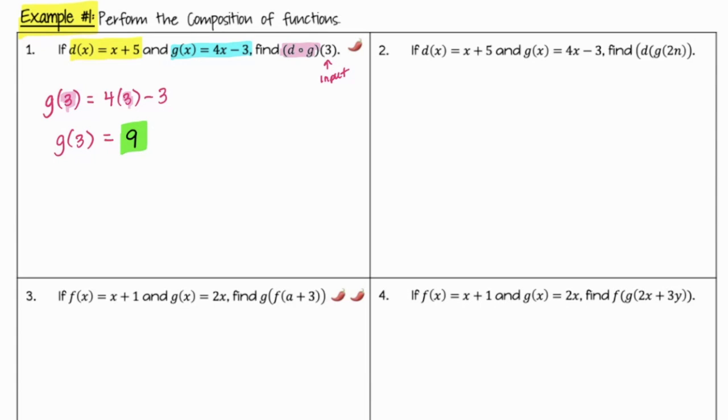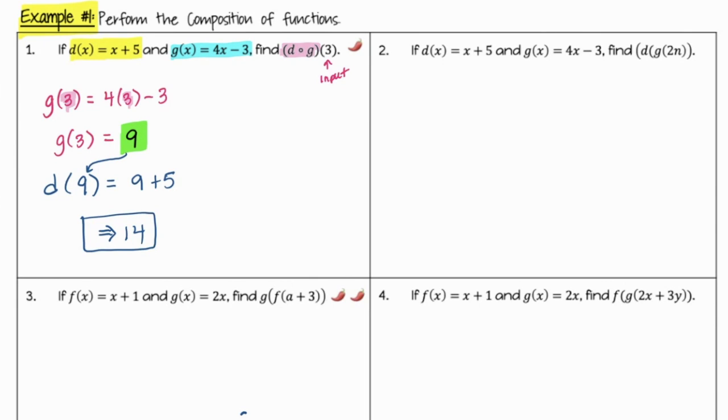That output is my new input for my next piece. So now I'm taking that d function and this time inputting that 9. So once I do my first input, I get an output. That output I take to my second function. I get a new output, and that system keeps going depending on how many functions I have to work with.